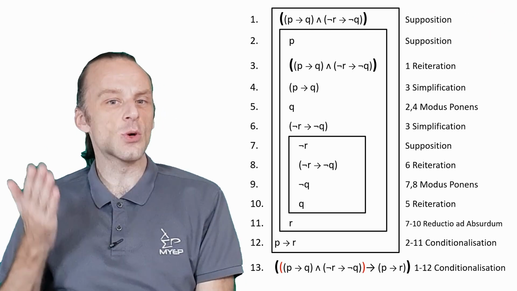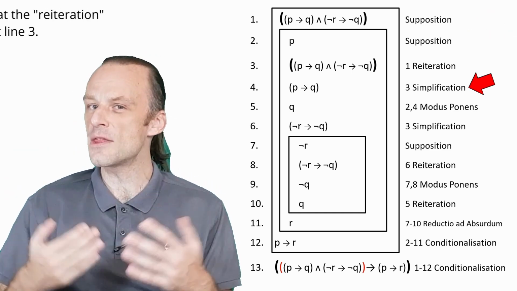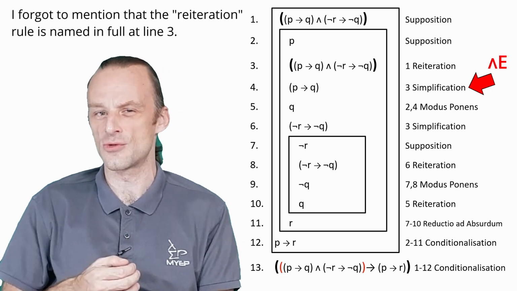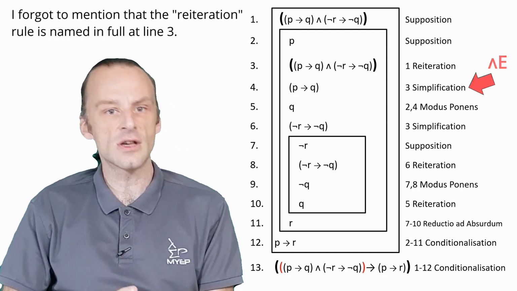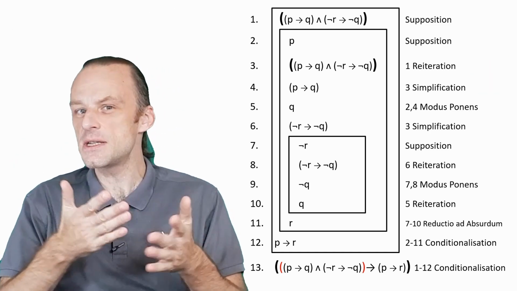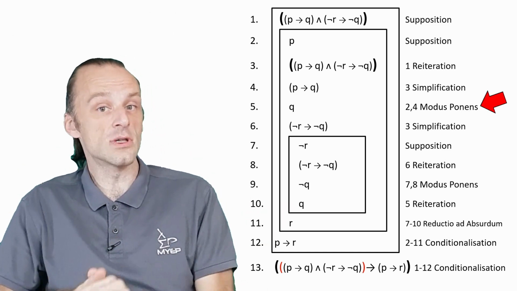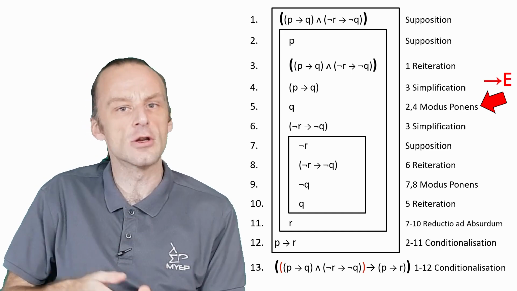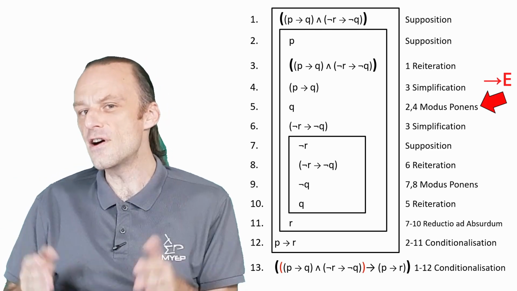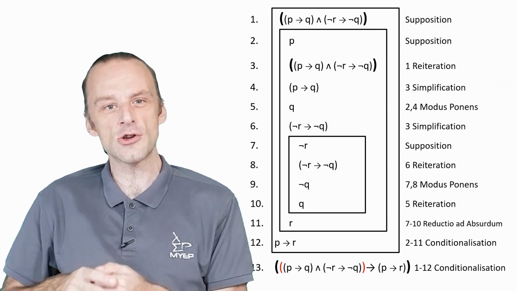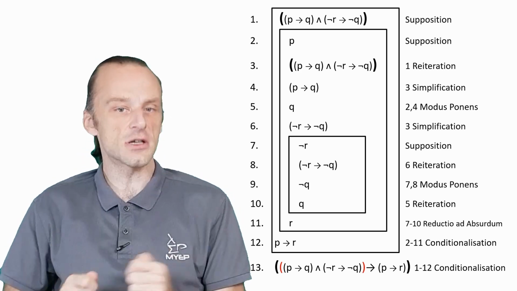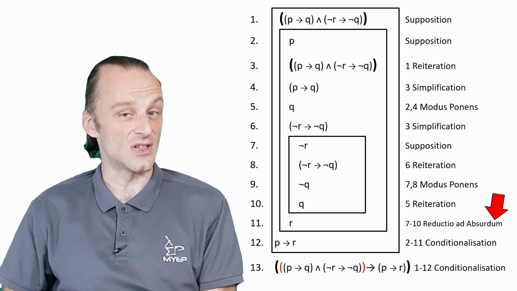The next step is called simplification, which is another name for the conjunction elimination rule. We take one side of the conjunction alone, and this is simpler than the whole conjunction. Modus ponens is also quoted as a name for the conditional elimination rule, and then further down, the negation introduction rule is referred to as reductio ad absurdum, which we have seen before.